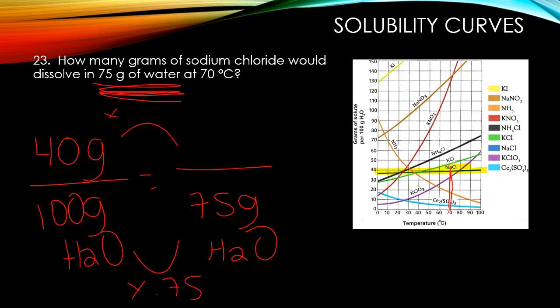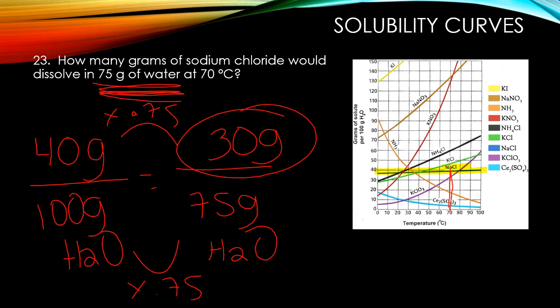So 40 times 0.75 would be 30 grams. You could set this up as a proportion and have x up here and solve for x. Either is fine to do. It will give you the answer no matter what.